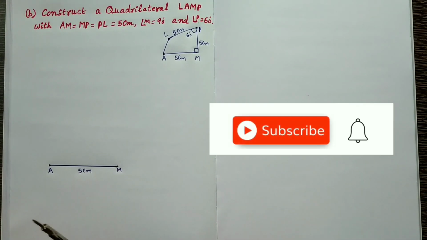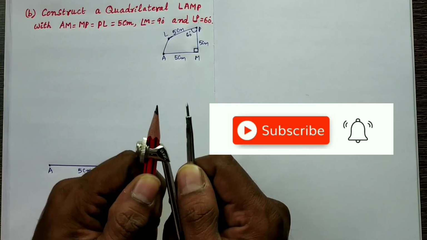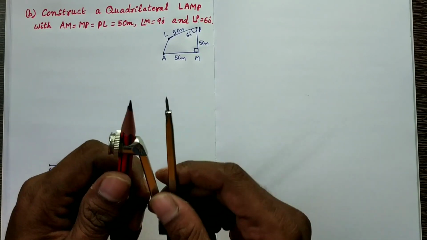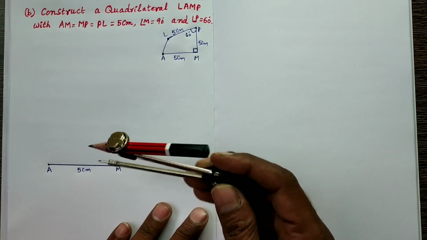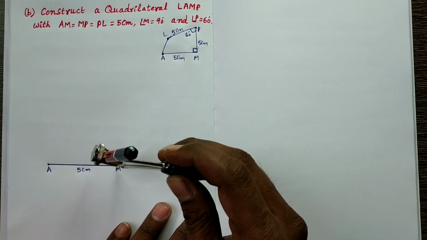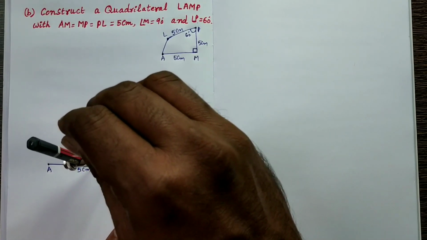So how can we do it? Take some radius with the compass, no need to measure, and take M as the center and draw an arc.